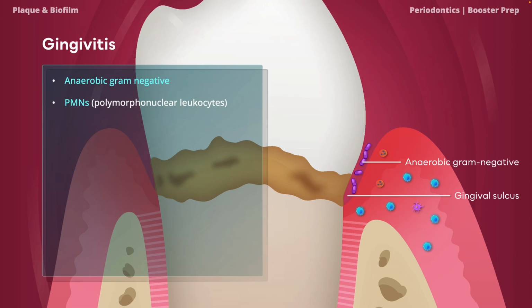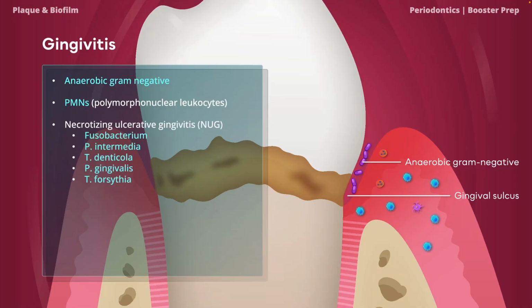Another high-yield condition surrounding gingivitis that I want you guys to know is necrotizing ulcerative gingivitis, sometimes called NUG. You may be more familiar with ANUG, which is the acute version of this disease, but the two are essentially the same thing in their clinical signs. They're both infections with punched out papillae, gingival bleeding, and of course pain. It also has a nasty odor, so hopefully you guys don't encounter this too often.